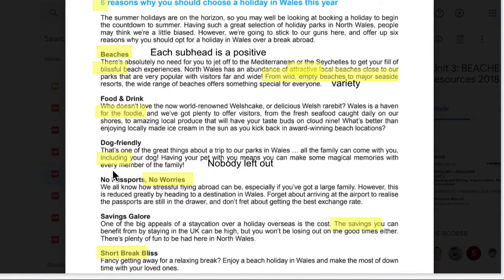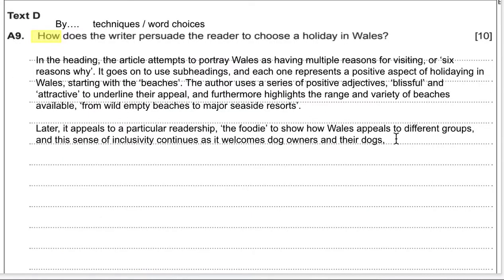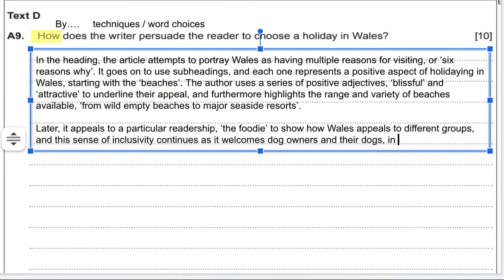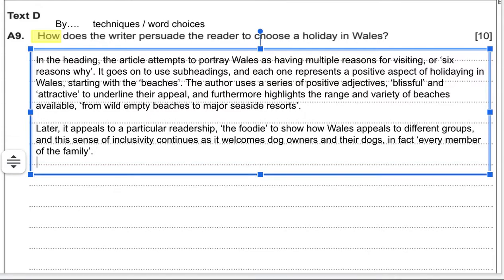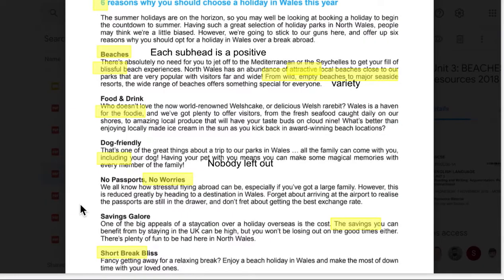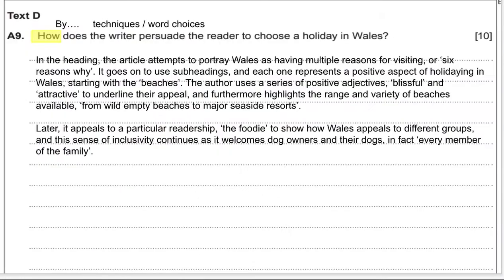So I'm not going to use including, I'm going to talk about every member of the family. In fact, okay, let's move on. So a couple of quite easy points here, I think, like the stress-free and the cost.